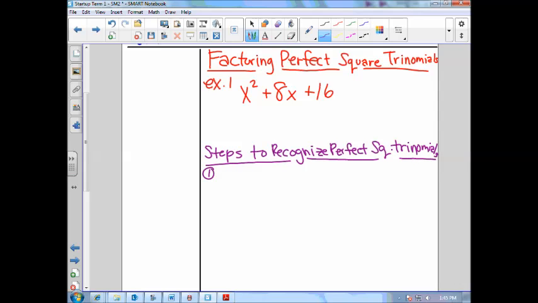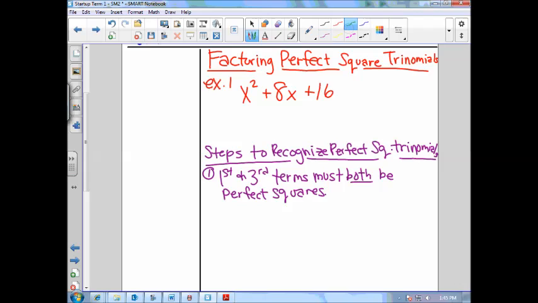The first qualification is the first and the third term have to both be perfect squares. So the first and third terms must both be perfect squares.